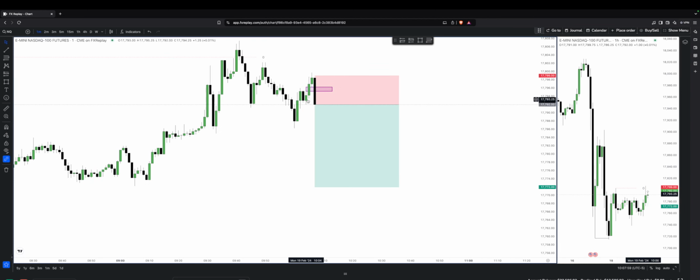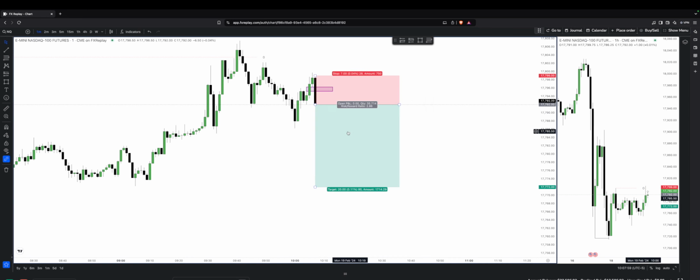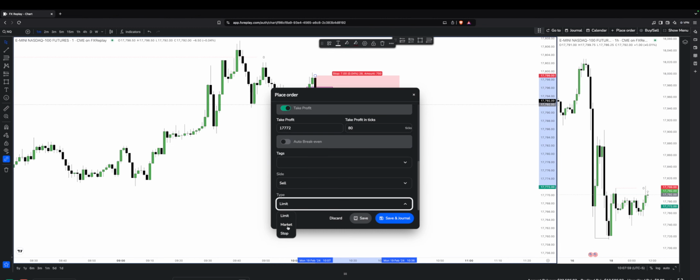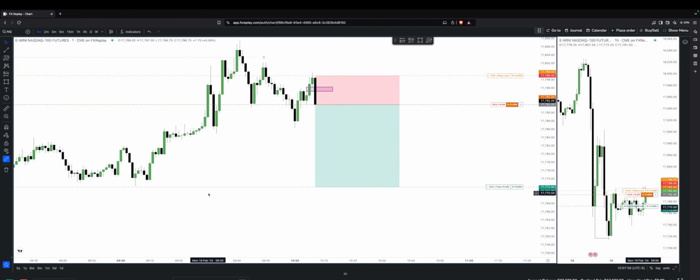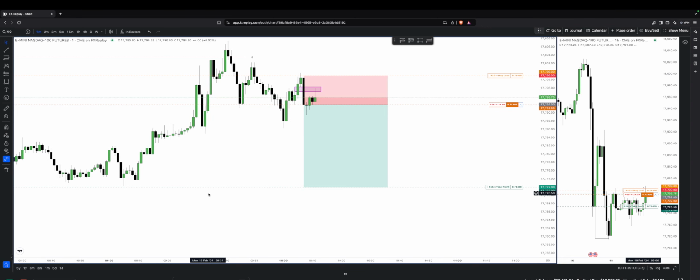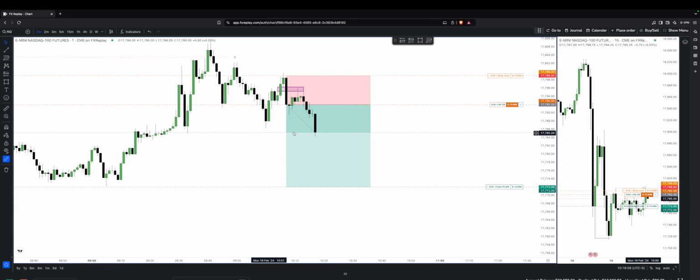We also do have technically a change in state of delivery here. So let's place order. Personally, I think we get smoked on this one, but we'll see. There we go.